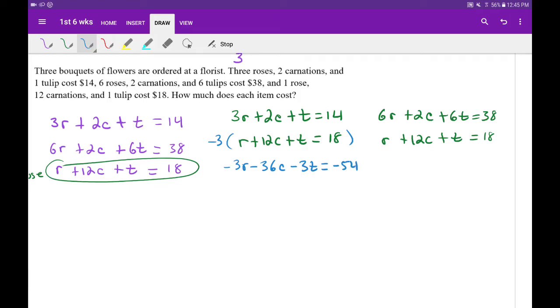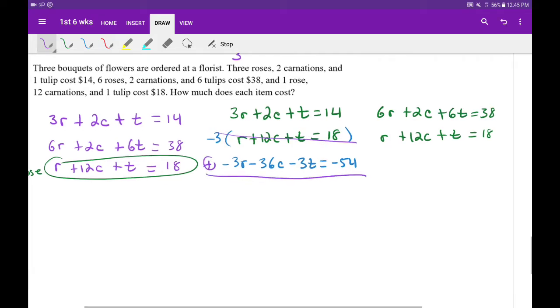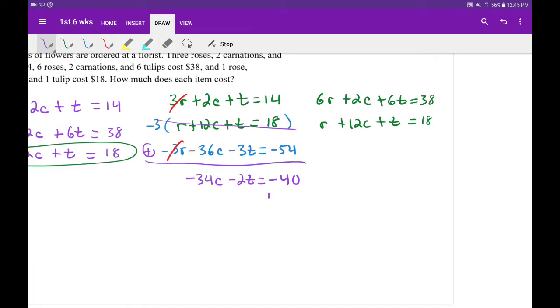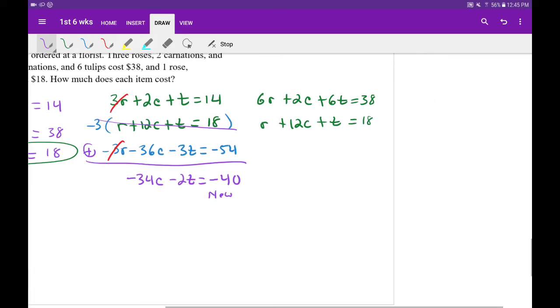All right, let's go ahead and combine these. Here our R's are canceling. It's what we wanted. And then here we're going to have 2C minus 36C, which will be -34C. And then T minus 3T is -2T equals 14 minus 54, which is -40. All right, so there's our new equation there.